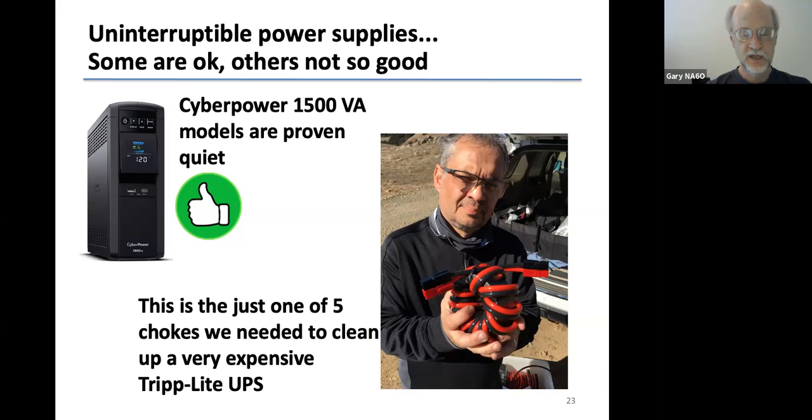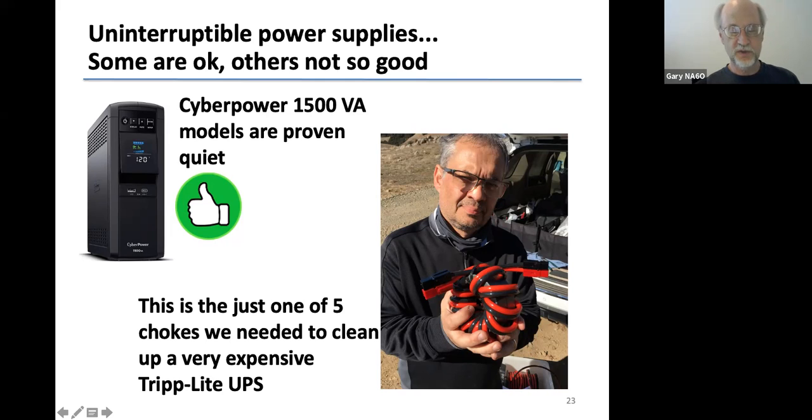Very good design. On the other hand, up at my remote site, there's not one but two gigantic and very expensive Tripp Lite UPSs. And this is one of the chokes we had to install. This is about 100 bucks worth of choke here. Gigantic ferrite rings and number 4 cable and 75 amp power poles and all that stuff on the battery, the external batteries to this thing.